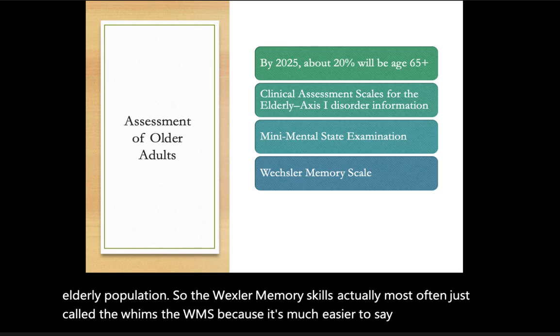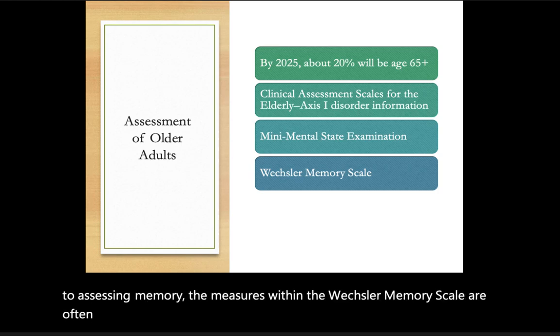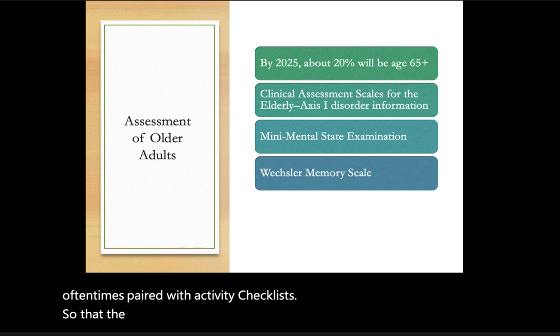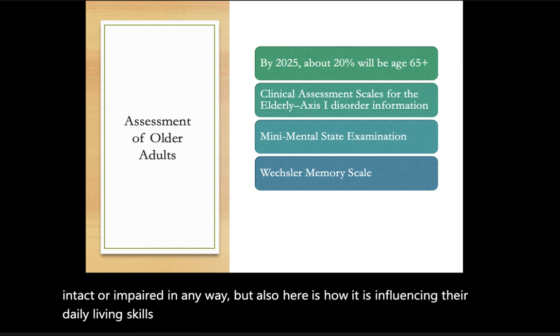In addition to assessing memory, the measures within the Wechsler Memory Scale are oftentimes paired with activity checklists so that the assessor can determine not only is this individual's memory intact or impaired in any way, but also here is how it is influencing their daily living skills, which can give a really comprehensive view of someone's adaptive functioning over time.